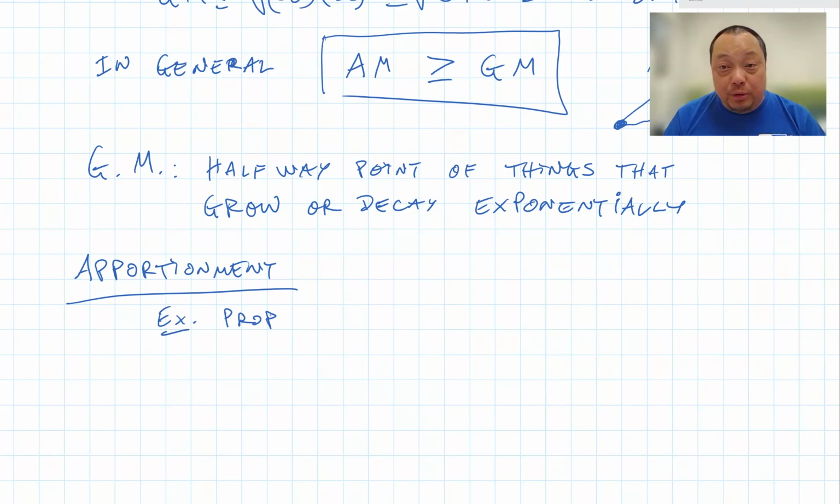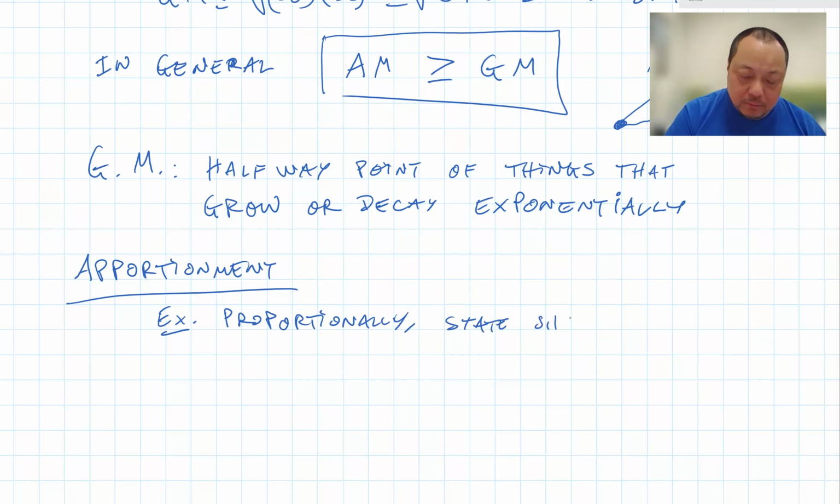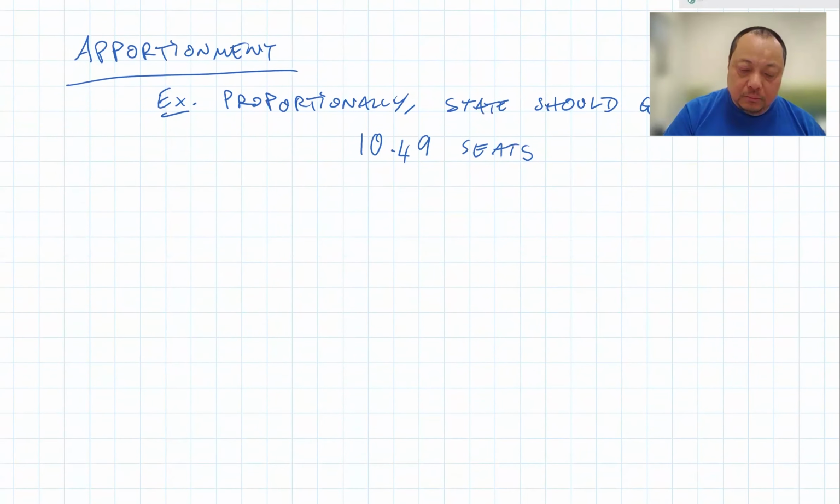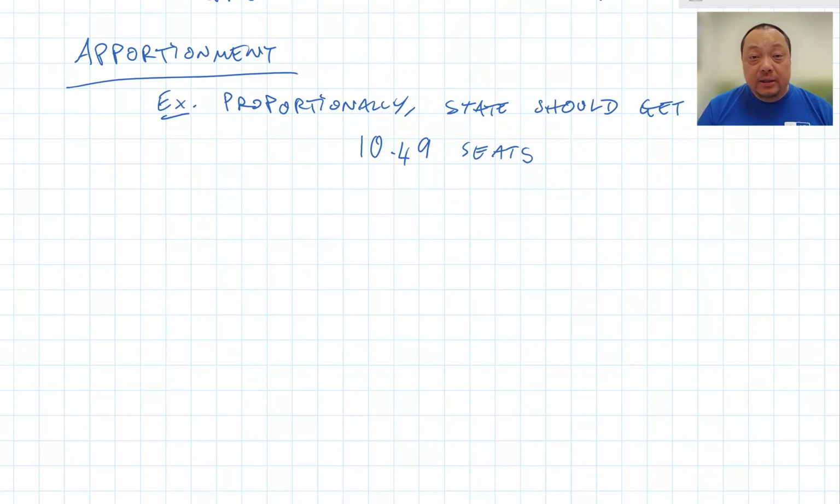So for example, let's say that a certain state, state A, should get 10.49 seats. It's a decimal, and things come up decimal a lot of times.